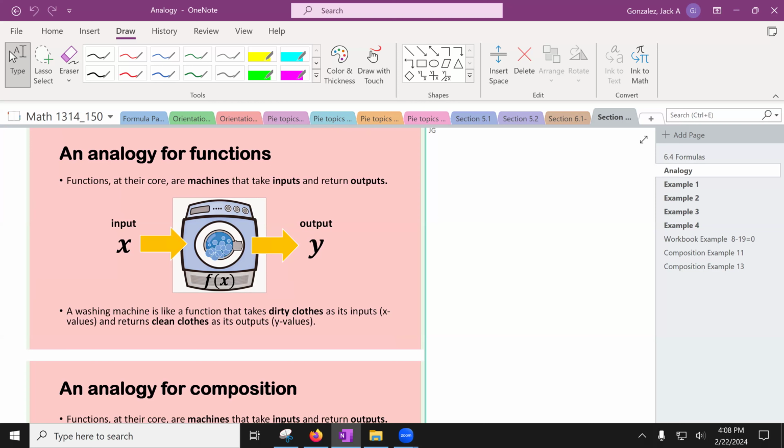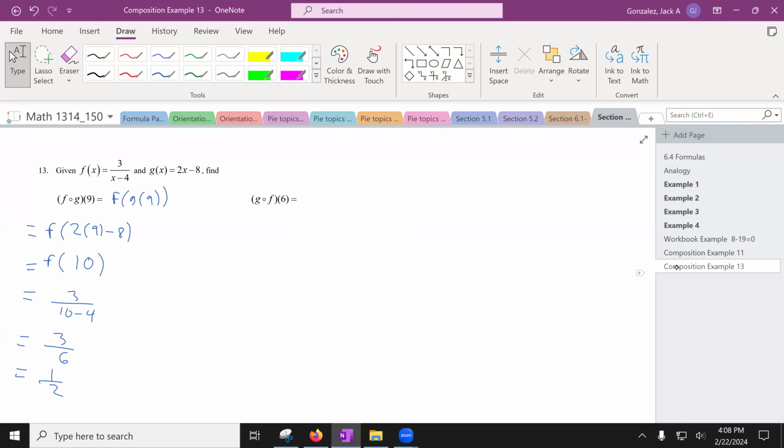Okay. So for 13, I did 3/2 and plugged in the 9 for the g of x, and I did it in one step instead. You did, wait, one more time, what did you do exactly?